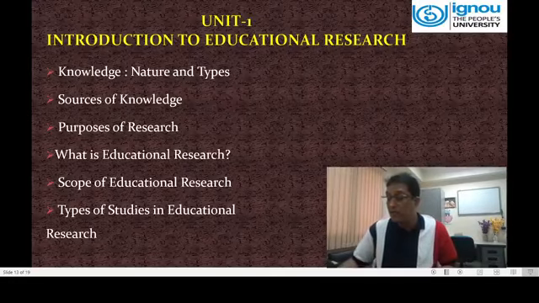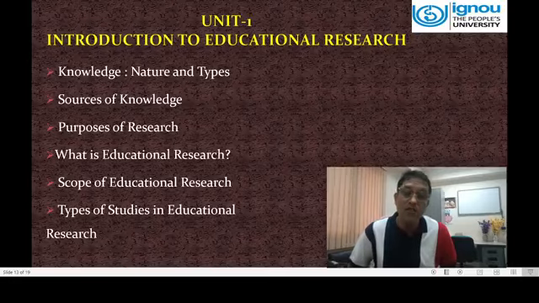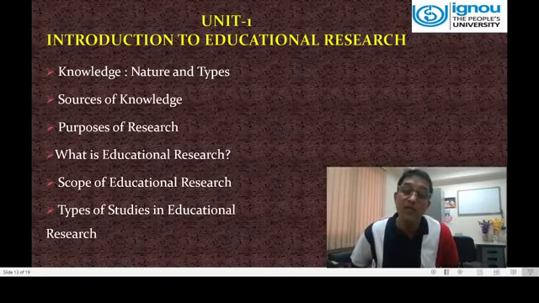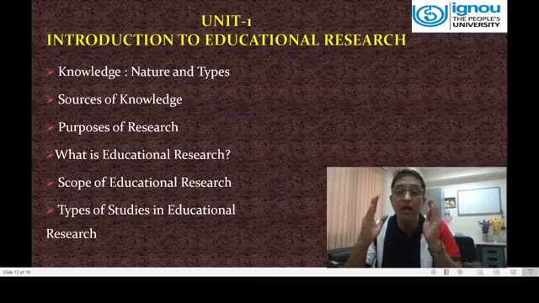And further, so far as the scope of educational research is concerned, but beforehand, let me say that when we discuss what is educational research, two types of things we focus on.